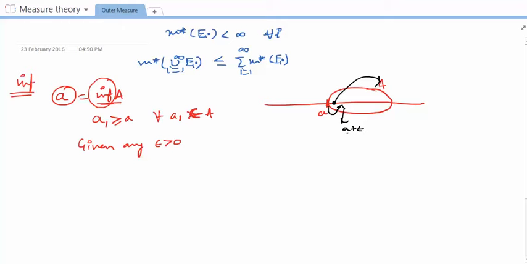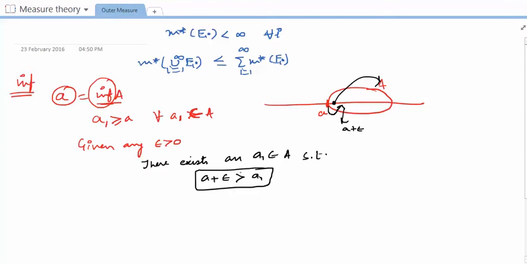That is the definition of infimum, because infimum is the supremum of some things. So given any epsilon greater than 0, there exists a1 in A such that a plus epsilon is greater than a1. This is the mathematical definition of infimum.